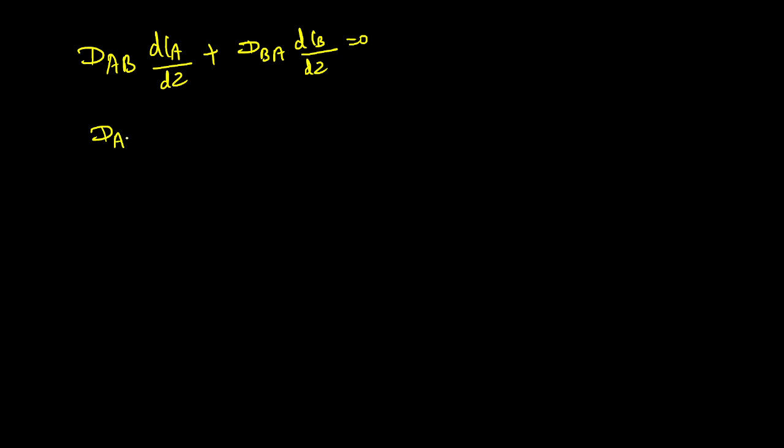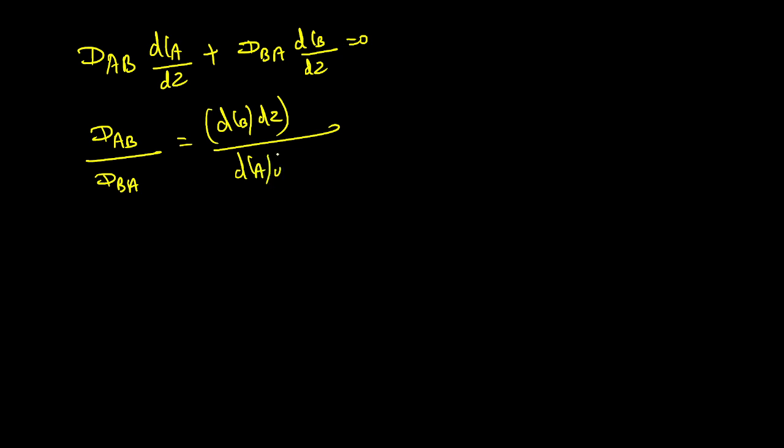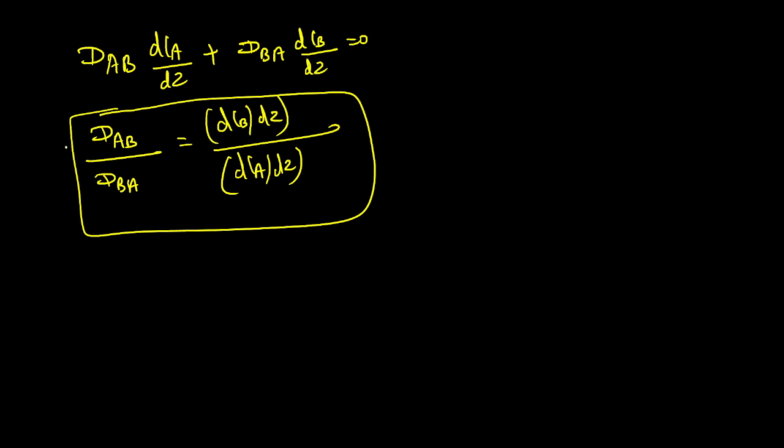So can I write DAB upon DBA is equal to dCB by dz divided by dCA by dz. So from here you will get that the ratio of the diffusion coefficients of components A and B in a mixture is inversely proportional to the concentration gradients. So you can see the problem on the proportionality also. So yeah, it's very important.